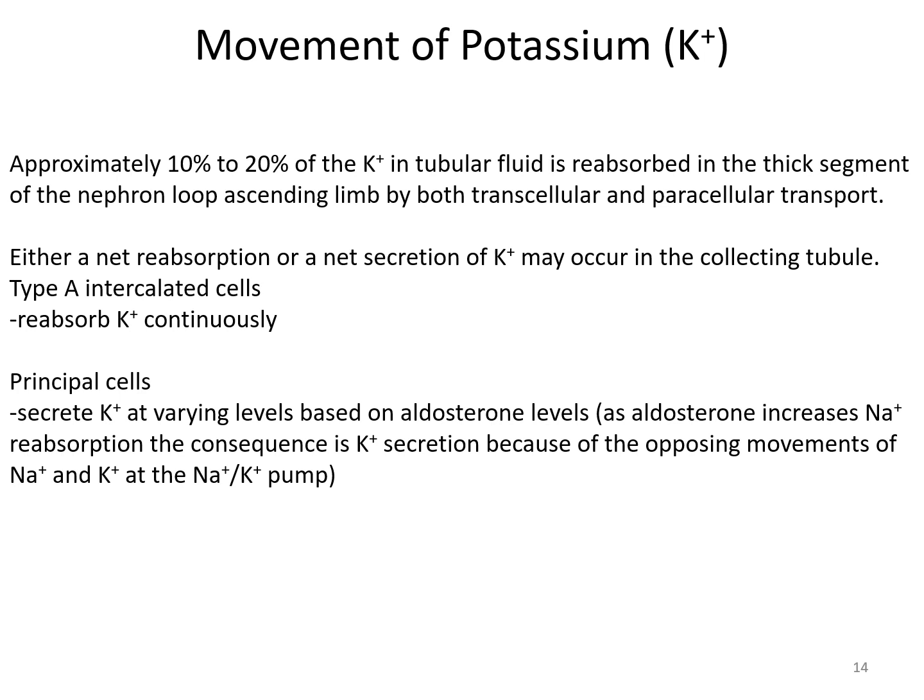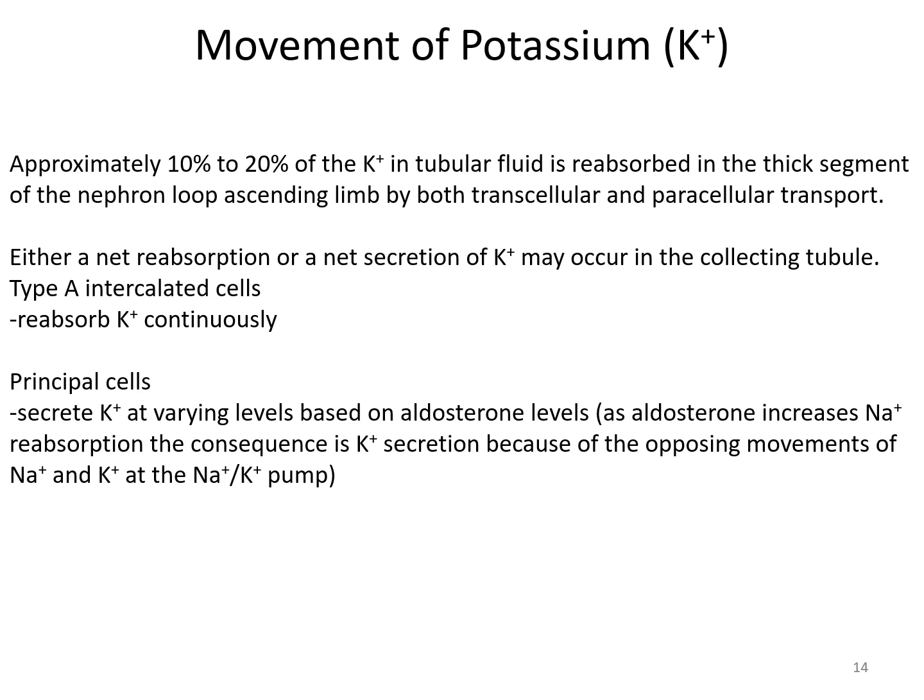About 10 to 20% of the potassium in the tubular fluid gets reabsorbed along the thick segment of the nephron loop ascending limb. You can use either transcellular or paracellular transport. Either a net reabsorption or a net secretion of potassium could result in the collecting tubule. We have specialized cells called type A intercalated cells that are going to continuously reabsorb potassium.